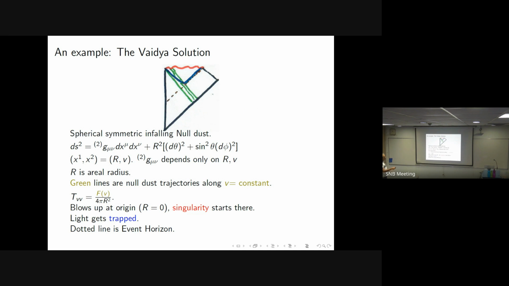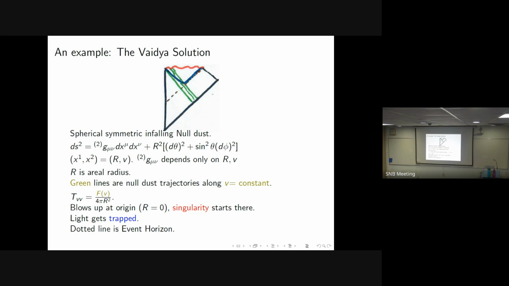This is the axis of symmetry. If it was just a circle, as I said, you would just go around like this. So this part is the r equal to 0 axis of symmetry. R equal to 0 looks as though it's a singularity, but that's just a coordinate singularity. If you had flat space-time, or even flat space in polar coordinates, you have dr squared plus r squared times something.